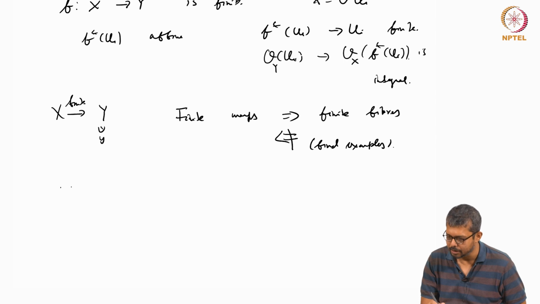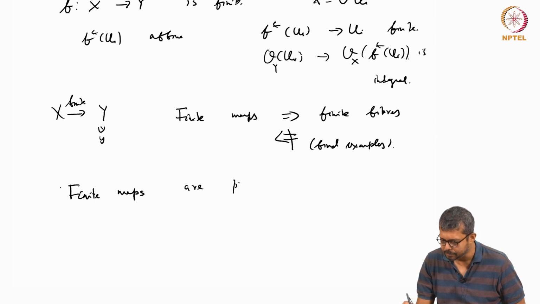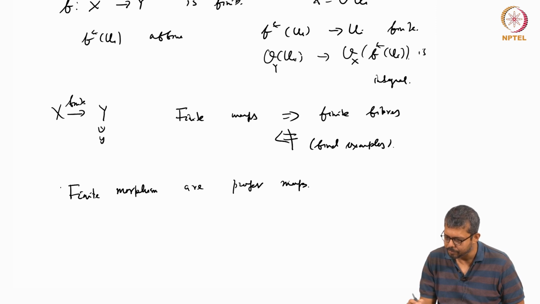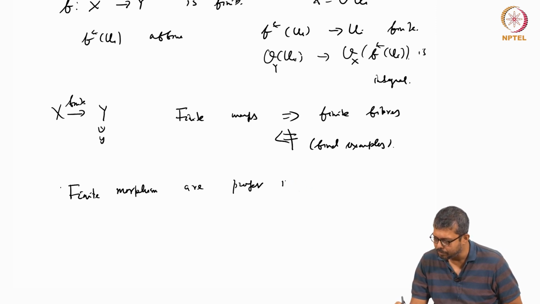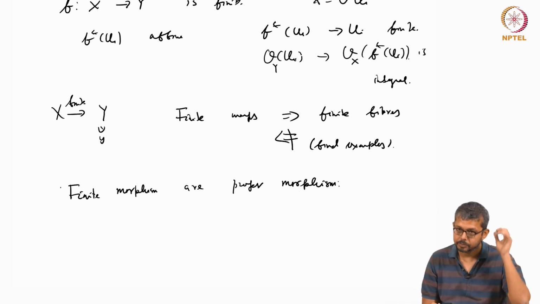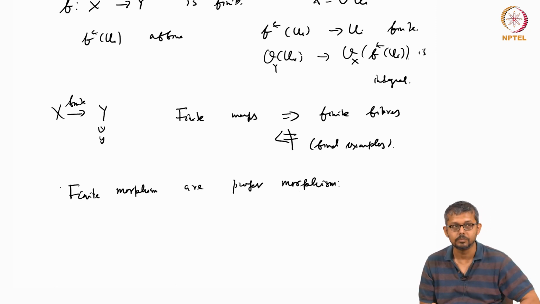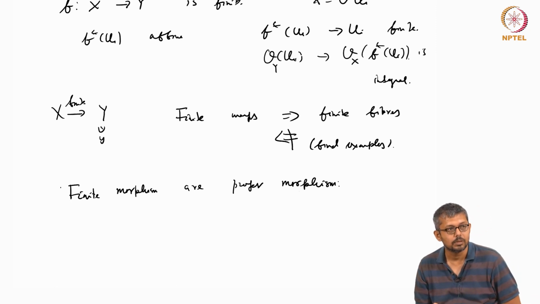So this says that finite maps are proper maps. A finite map, finite morphism.